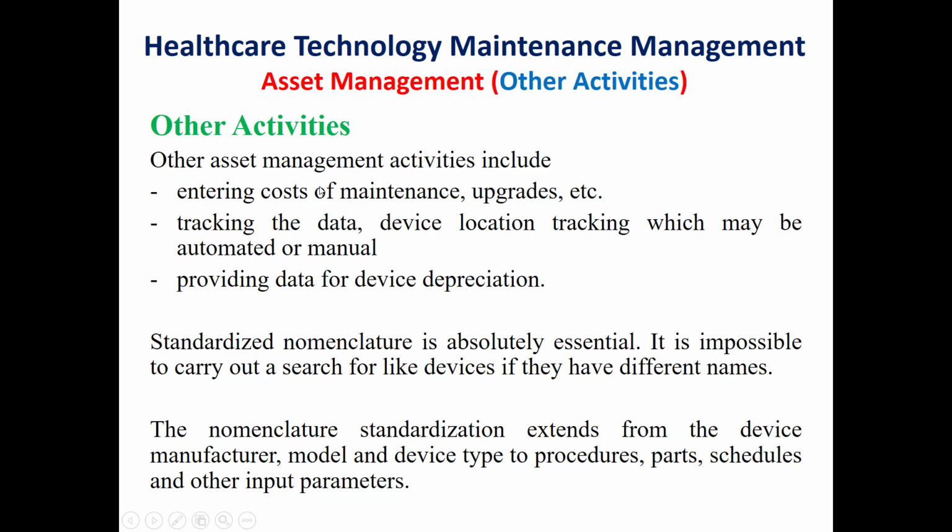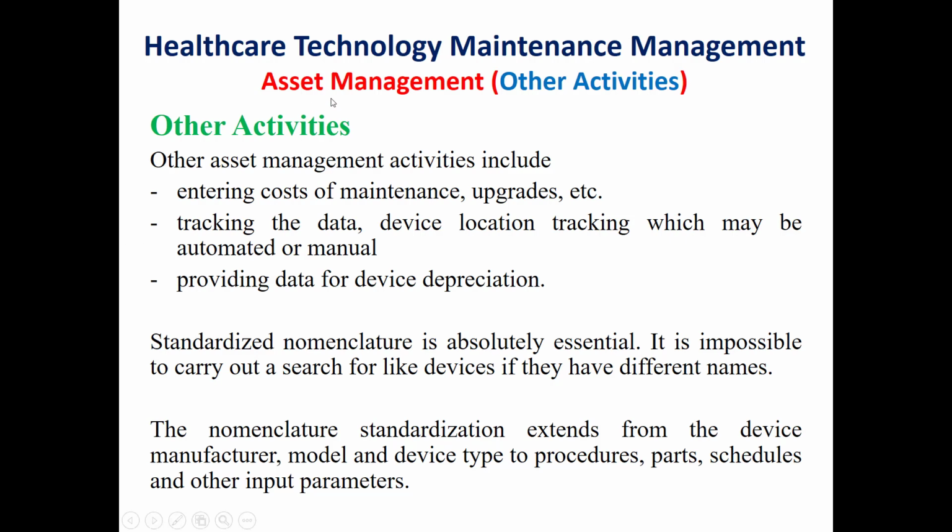It's preferable to be automated. Another activity is providing data for device depreciation. This depreciation can be decided using, as we said before, the annual maintenance cost by comparison to the purchase cost.